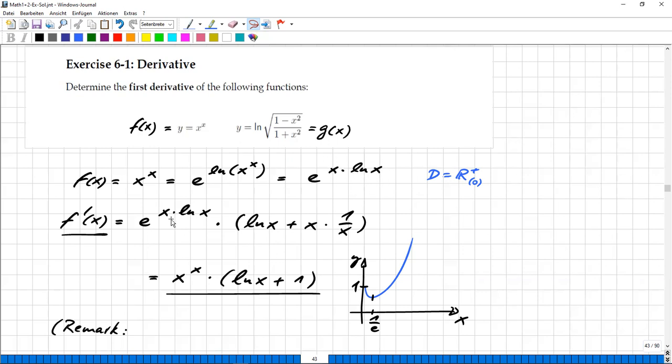We just say e power x times ln of x is the derivative, but we must, of course, account for the fact that the exponent is not x alone. Instead, it's some expression of x, and the chain rule has been designed exactly for this purpose, in order to account for the inner function.